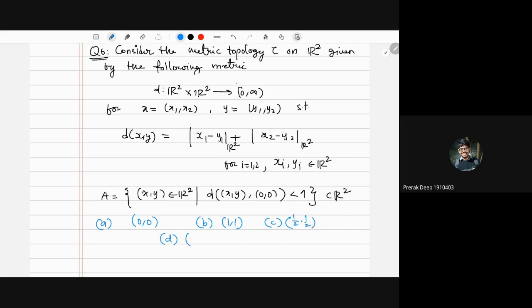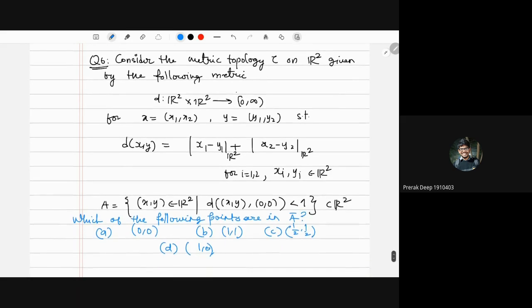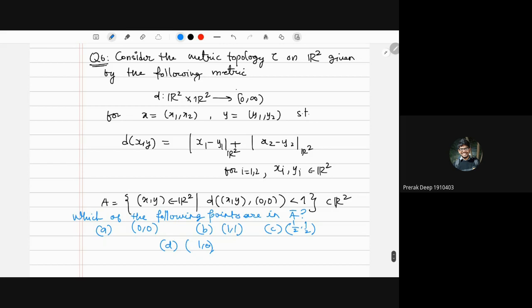Option D is 1 comma 0. I hope the question is clear. I will again give a few minutes to think about the question and then we will discuss the solution.